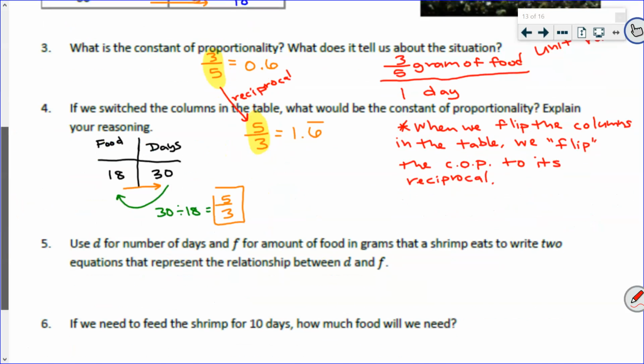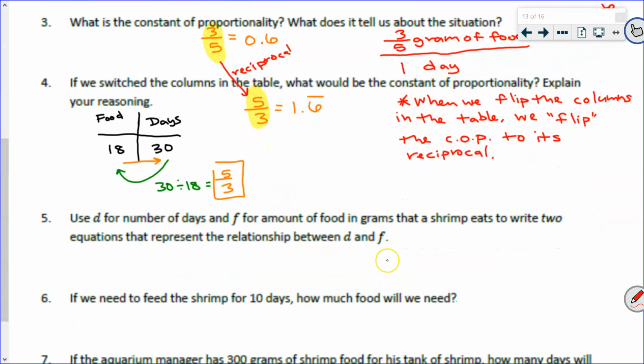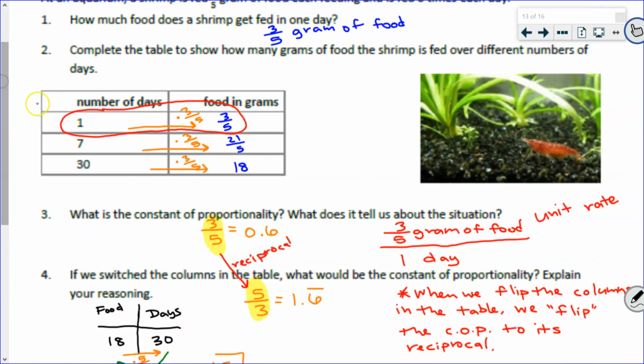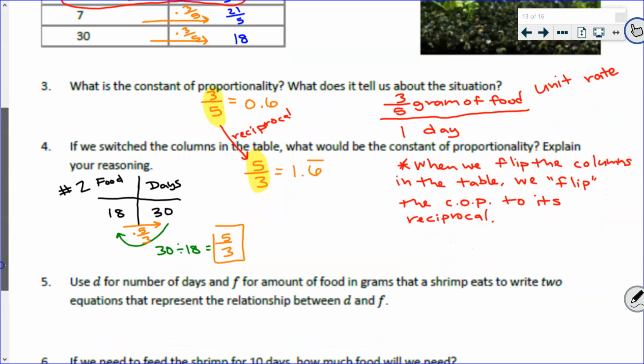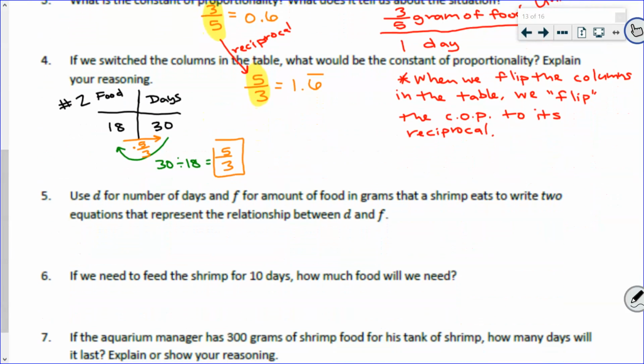Because whenever we want to write an equation, I've already told you, take the information to a table first, and then from the table, we can write that equation. So you need to write two. Let's keep ourselves organized. Use this table here for your first equation, and use this table here to write your second equation. Pause the video to work on writing these two equations and continue to watch the video once you have written them both.